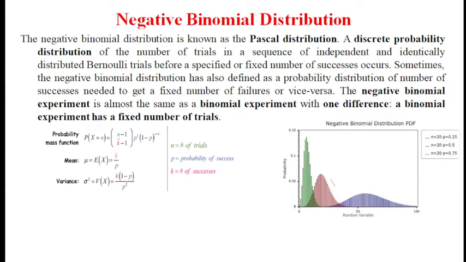Take the example of a deck of cards. When you shuffle them and choose a card, replace the card and repeat until you have drawn 2 aces. We want to take 2 aces.